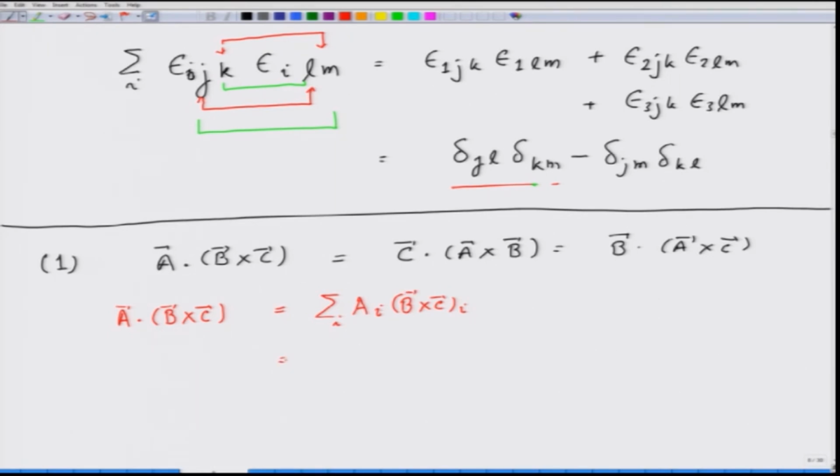I can write this as the summation over i of A_i epsilon_ijk B_j C_k, and then I am summing over j and over k. So, A dot B cross C is equal to this.